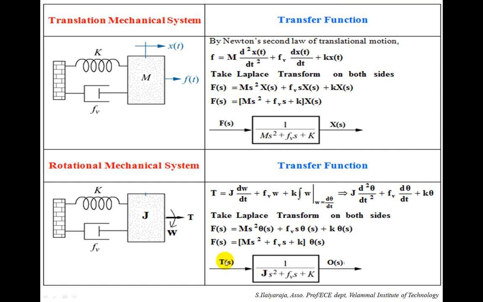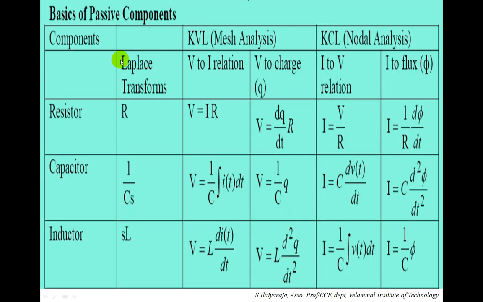And now how can we convert this translational and rotational system in terms of electrical components? So we must know the basics of passive components. The passive components are resistor, capacitor, and inductor, and the Laplace transforms of these basic passive components are R for resistor, 1 by Cs for capacitor, and sL for inductor. For mesh analysis we can write the voltage to current relation and voltage to charge relation.